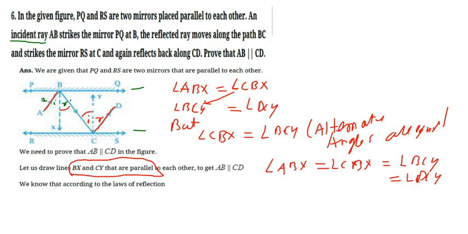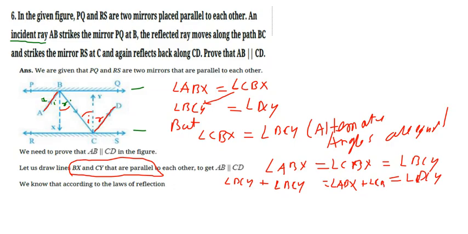Therefore what we can say: angle DCY plus angle BCY is equal to angle ABX, because all angles are equal, plus angle CBX.